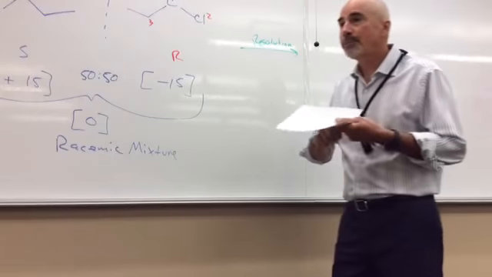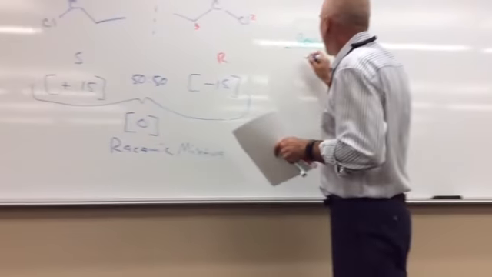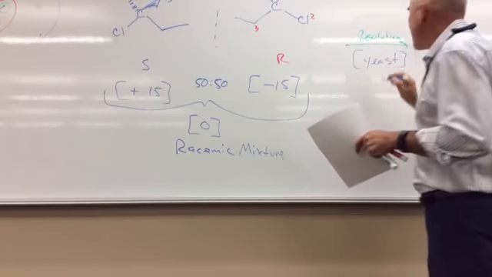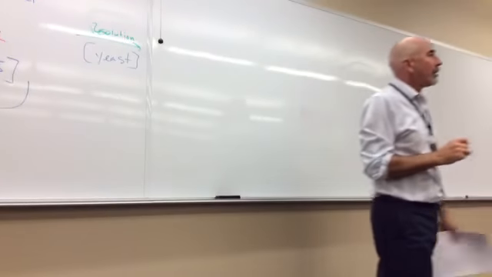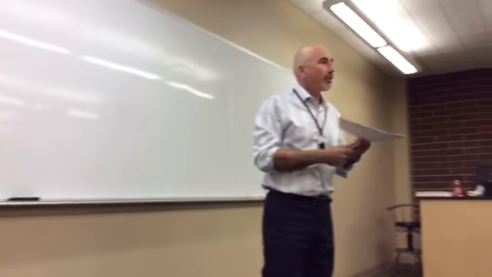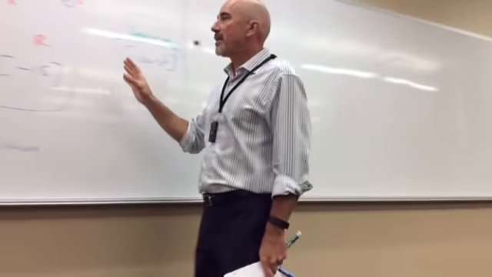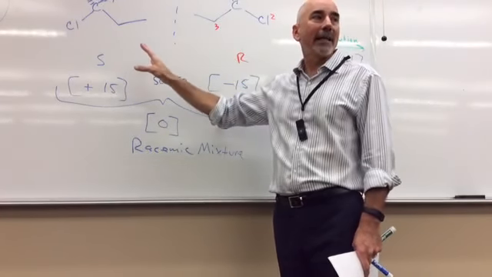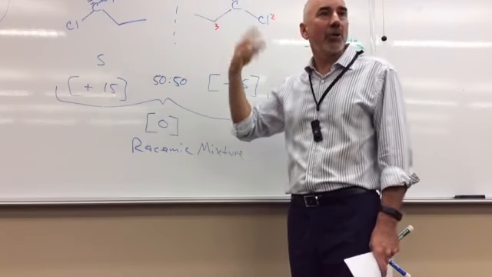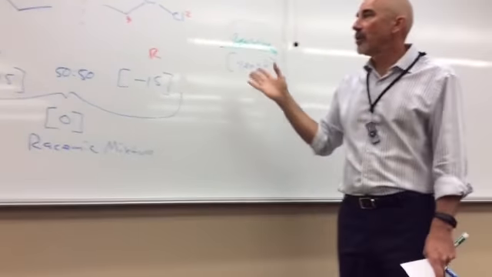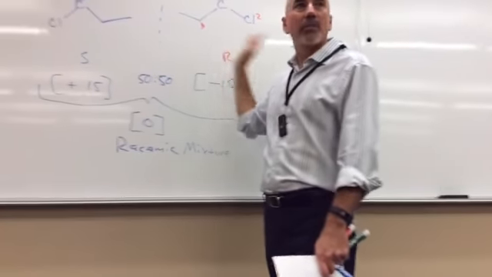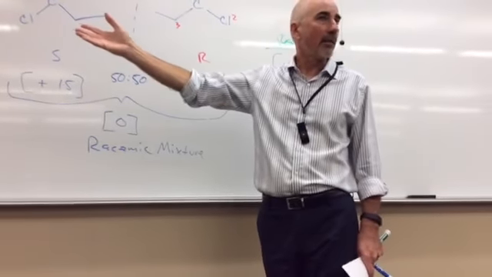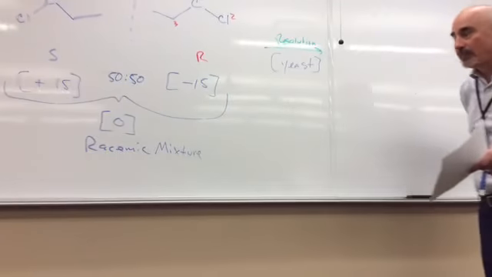So for example, if I make a thing and I put yeast in there, yeast is made up of a bunch of proteins, and the yeast might say, I really like to eat the R, but I can't eat S. So you let yeast chew on it for a while, and then all of a sudden it's reacted with all the R, and you just separate out all of your S. Okay? Because that's a chiral environment.